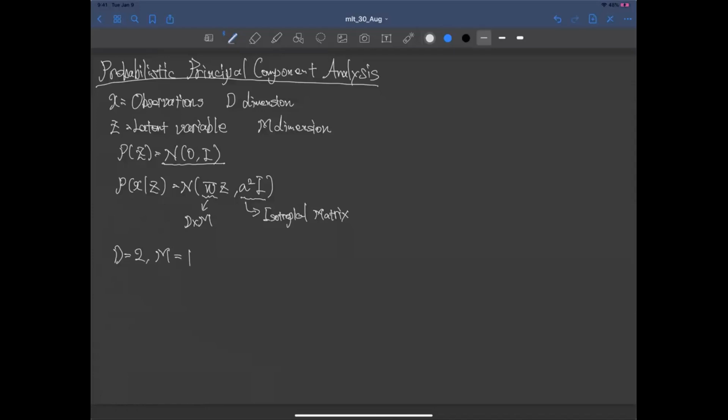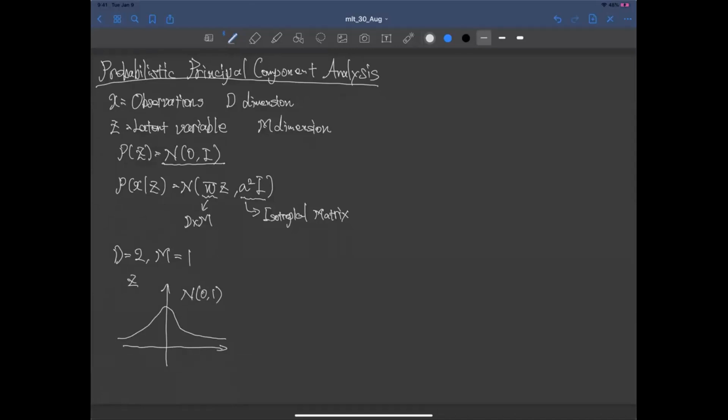In that case, the distribution of Z is just a normal distribution. Sorry, my handwriting is not good.